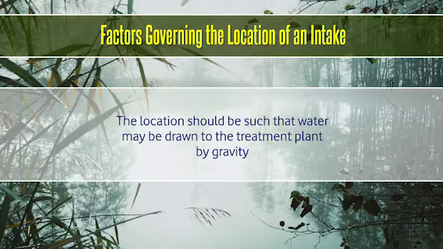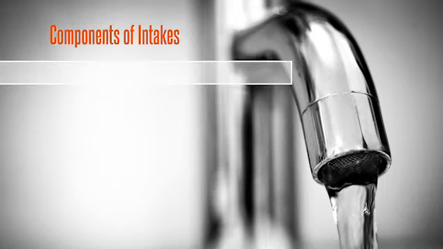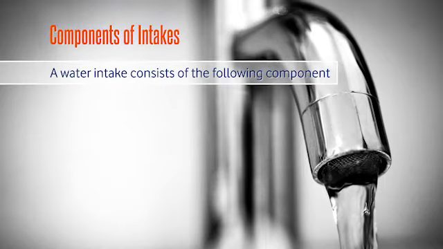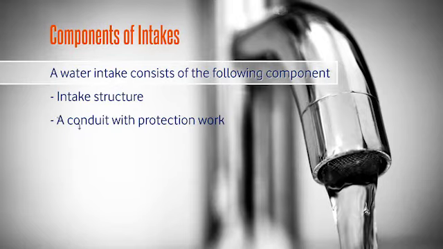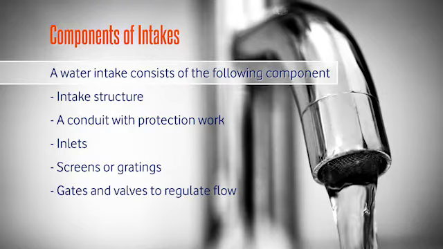The location should be such that water may be drawn to the treatment plant by the method of gravity. Now, components of the intake. A water intake consists of the following components: intake structure, a conduit with protection work, inlets, screens or gratings, and gates and valves to regulate flow.